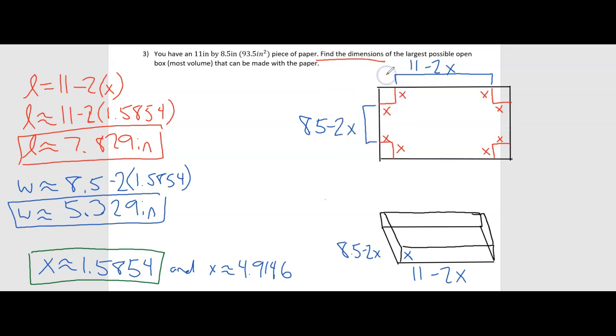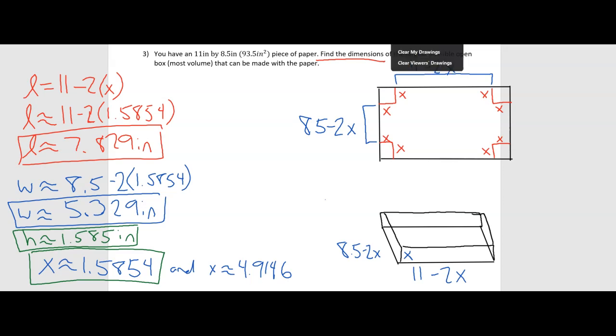And my height is just the value of x. So height is approximately equal to 1.585 inches. Again, our final dimensions we can round to 3 decimal places. So this is the process of optimizing something. We optimize the volume here to figure out what the maximum volume of this box could be.